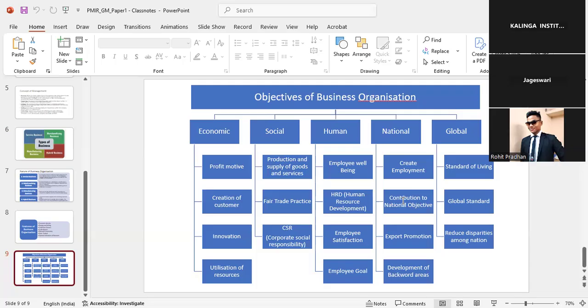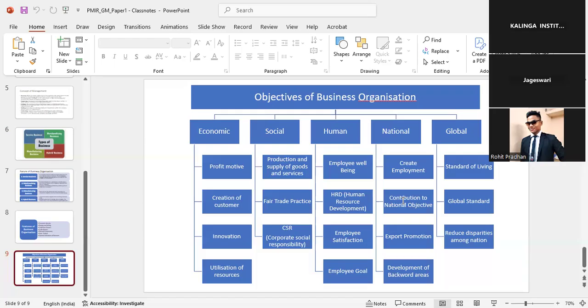And if you are doing something for the nations, for your country, that is national objective. Suppose you are giving the employment for your country, so that you are fulfilling one national objective. Contribution to the national objectives is like where you are benefiting your country.